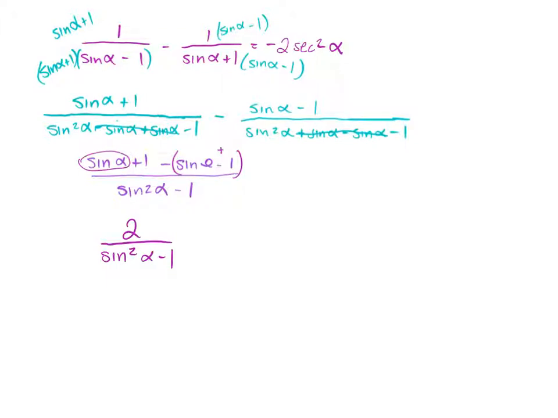If you know your Pythagorean identities, you know that, and I'm going to show my work off to the side, sine squared theta plus cosine squared theta equals 1. I'm just going to use basic algebra 1 to make it look like this. So in order to make it look like sine squared theta minus 1, I have to subtract my 1 from both sides.